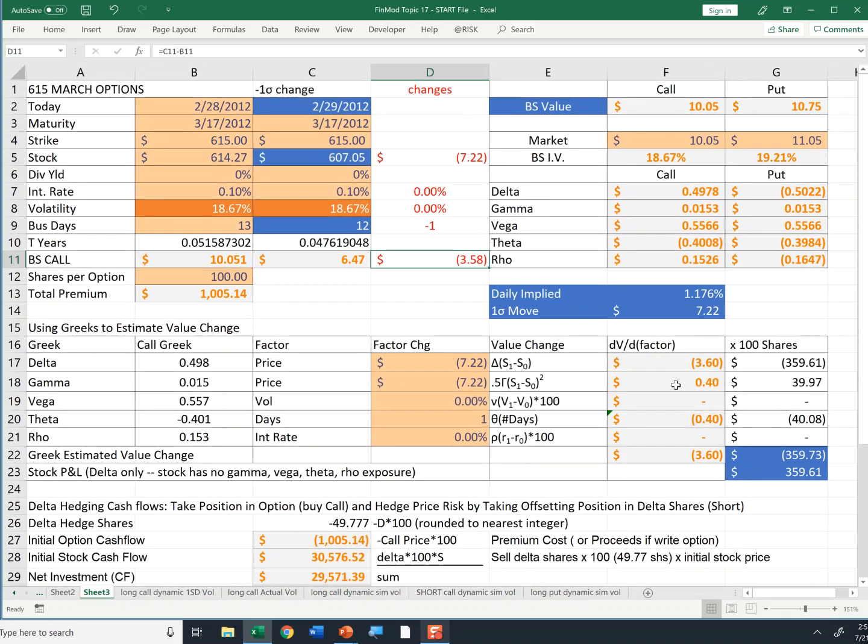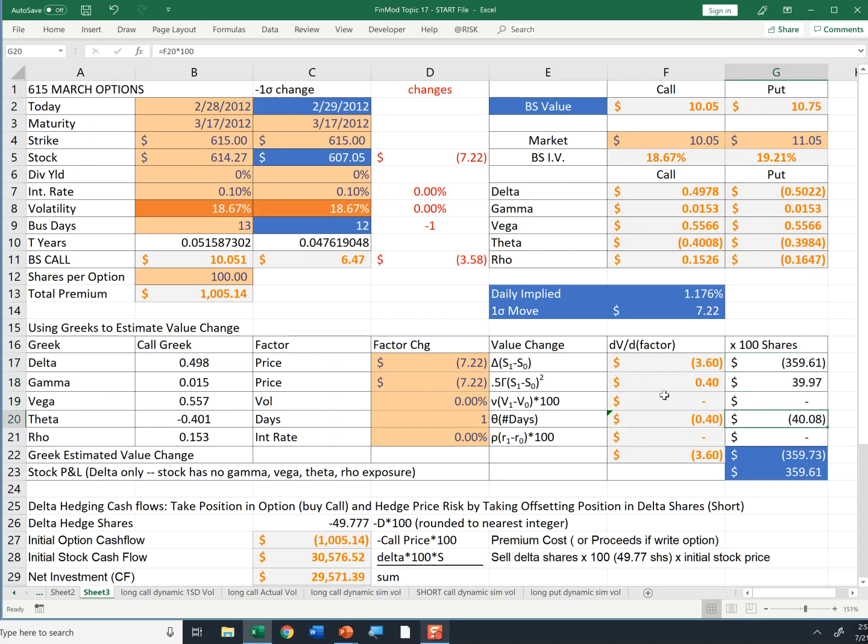It's going to fall because this option has a positive delta, and if the stock price falls by $7.22, take 7.22 times the delta. I should lose $3.60 times 100 shares. I should lose $360. However, it's not so bad because of the positive gamma. So the net effect of the stock looks like I'm going to lose a little over $300.